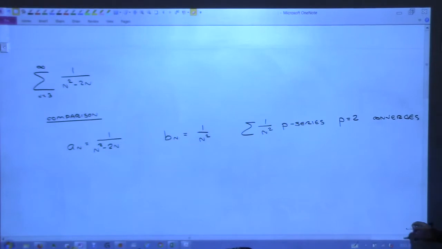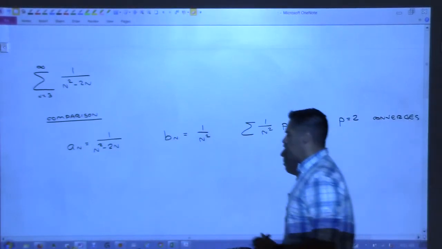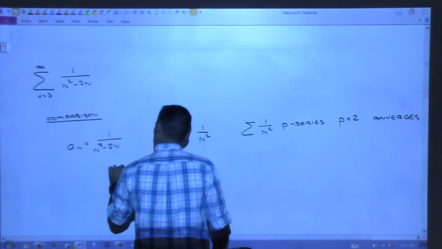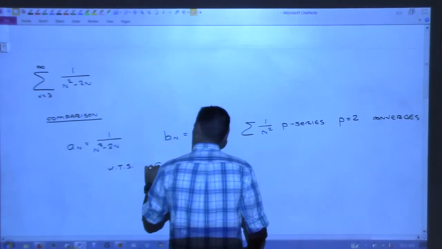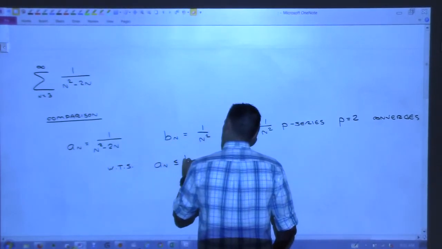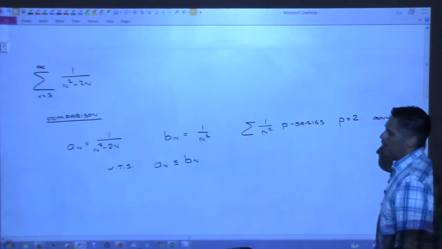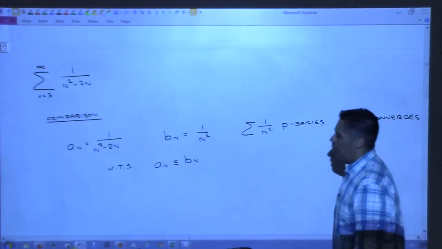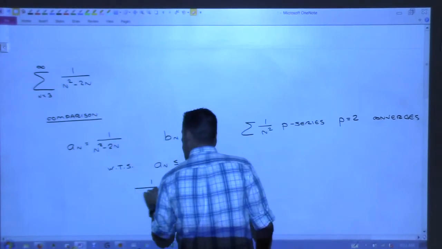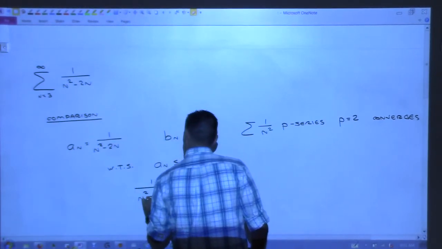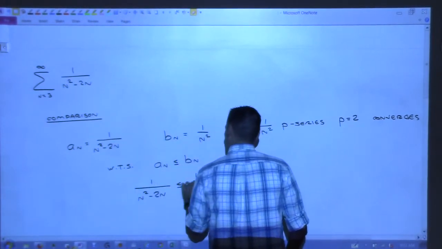Okay. All right, so what do I have to show if I'm comparing it to a convergent series? That a sub n is less than or equal to b sub n. All right, so now we go 1 over n squared minus 2n less than or equal to 1 over n squared.